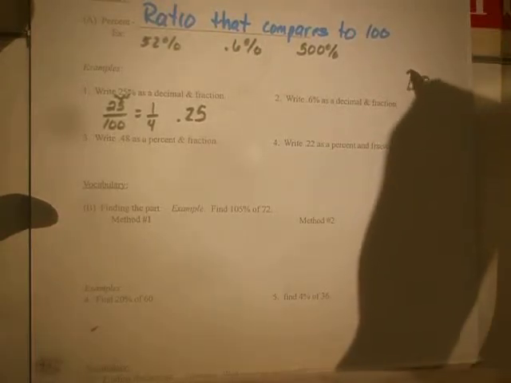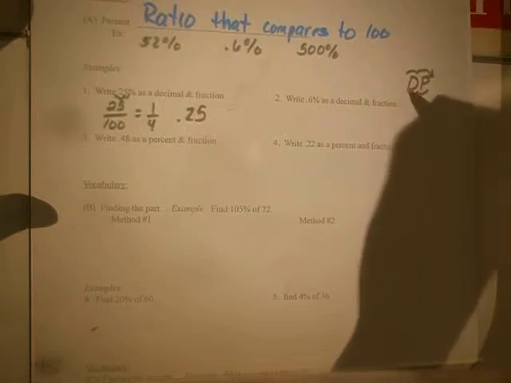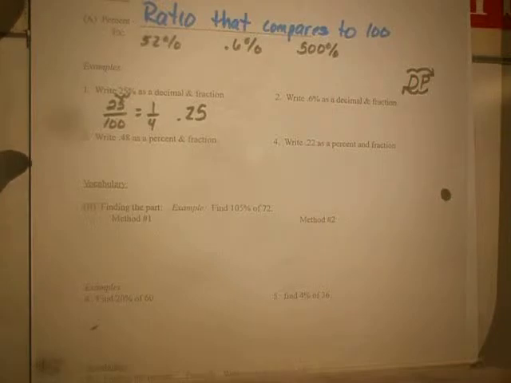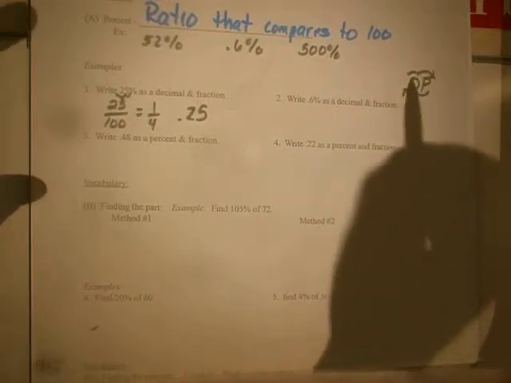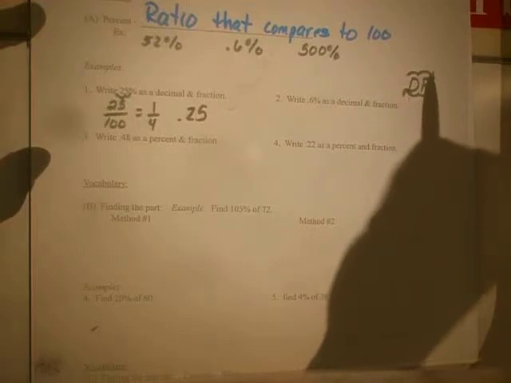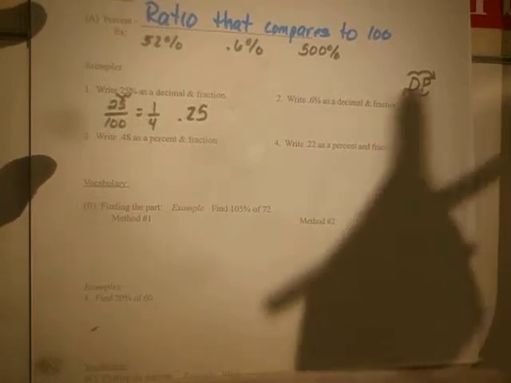And if you draw this little thing right here, those 2 little arches up here, and 2 down here with arrows at the end, it can tell you which way to move the decimal point if you ever forget. If you're changing a decimal into a percent, you move your decimal point 2 places to the right. If you're changing a percent to a decimal, you move your decimal point 2 places to the left.